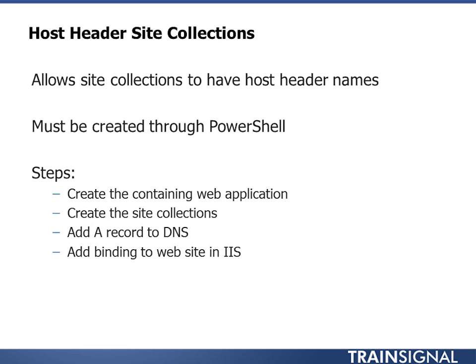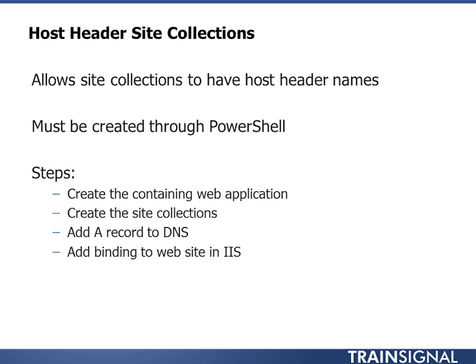And then I also need to update DNS with the new record, and I need to add a binding into IIS, because that binding in IIS is what's actually going to inform IIS that this is an available URL.